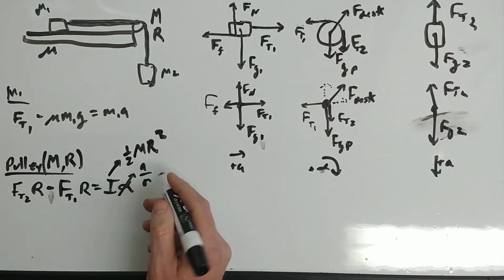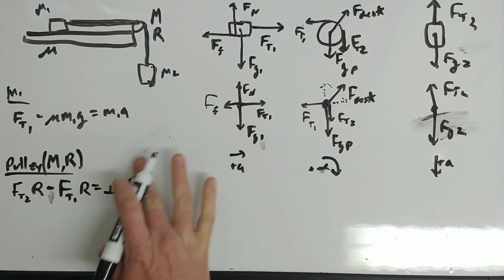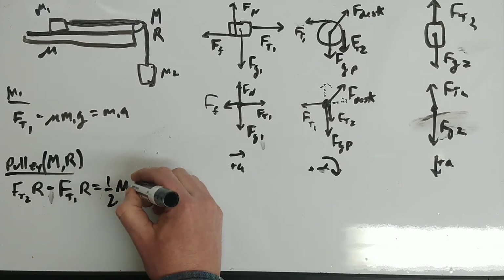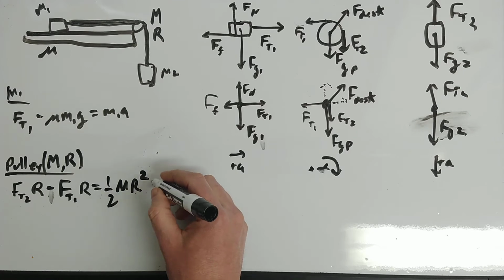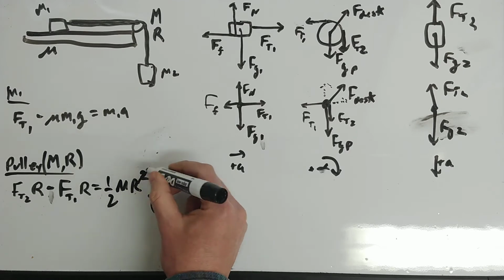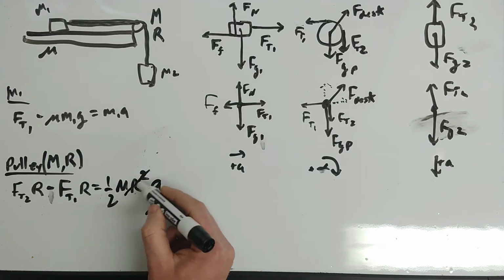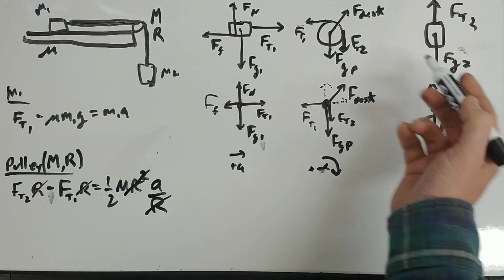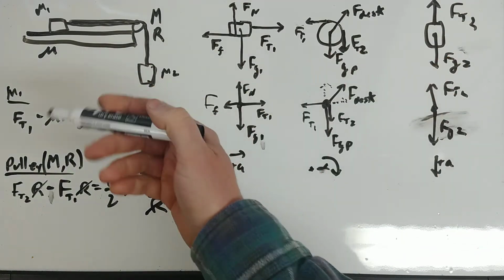So when I plug all this in, I get 1/2 mR squared times a over R. Again, those R's cancel. And I know some of you are having difficulty with this topic conceptually, but to be honest with you, the conceptual stuff is just setting up the force diagrams.